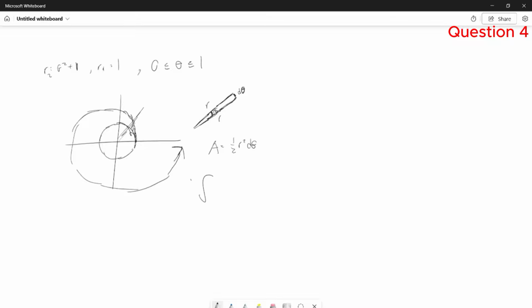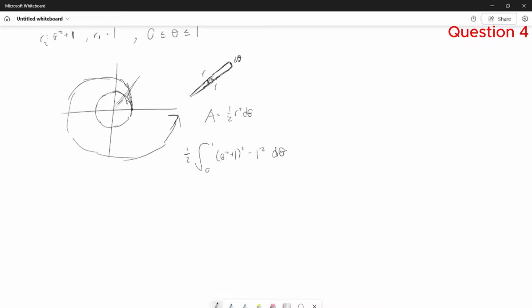It'd be 1/2. We can bring the 1/2 out, from 0 to 1, theta squared plus 1 squared minus 1 squared d theta. And you solve from there.